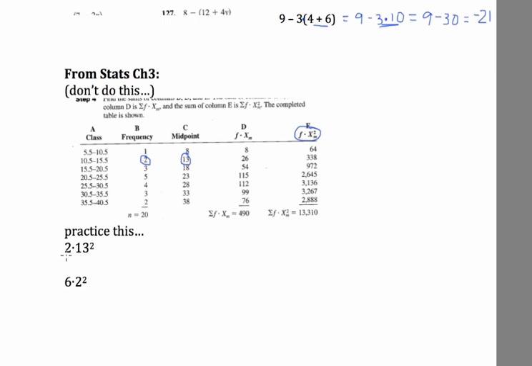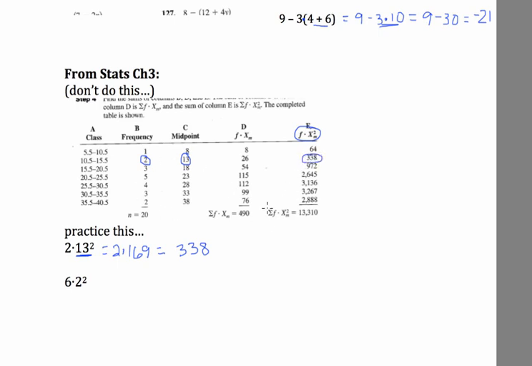So many people do 2 times 13 and get 26 and then square that. This is incorrect. Exponents should come first. The 13 should be squared first. So you should get 2 times 169. 338. Right here in the column.